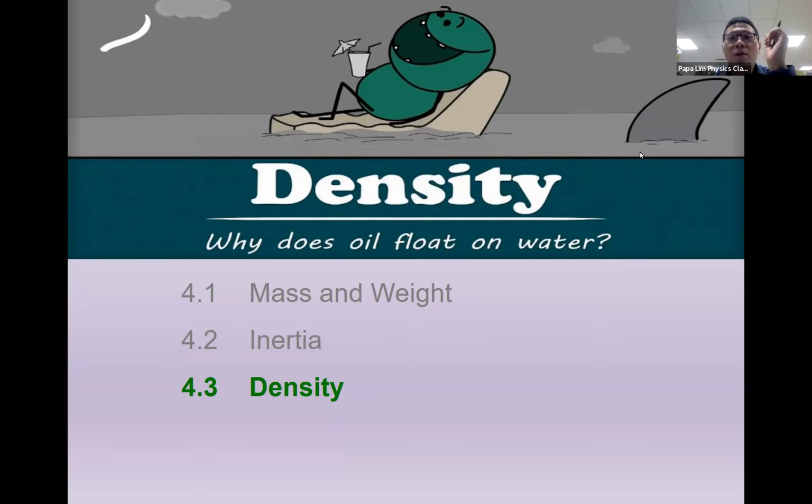In our context, when we talk about floating and sinking, the most common reason that pops into our head is actually heavy or light. I am heavy because I sink. I am light and therefore I float. But actually, this explanation of light, heavy, float, sink is not wrong, but it's just not accurate.